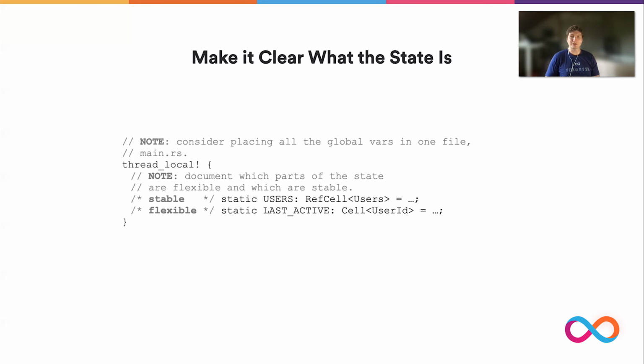So I would also recommend to explicitly state what should be saved across upgrades and what is just temporary data, like some caches. I use terms borrowed from the Motoko language. They have a notion of stable variables and flexible variables. Stable is data which is persisted across upgrades, and flexible variables are not persisted.